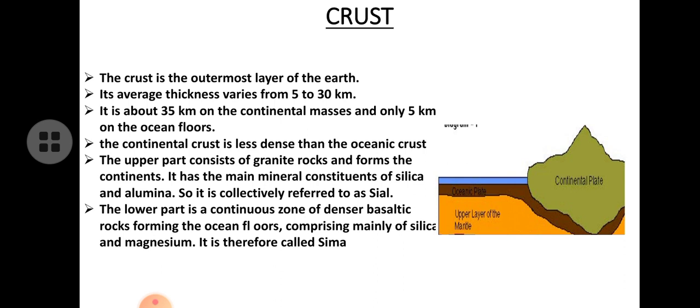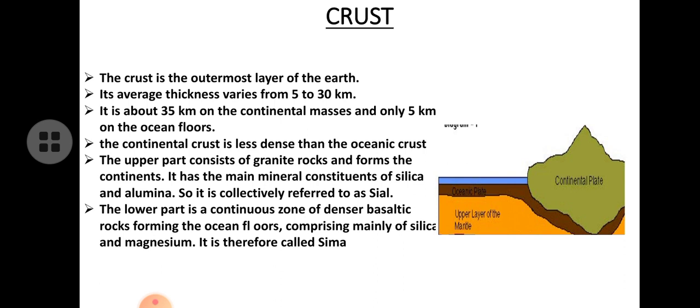So the minerals. The two important minerals from which the continental crust is made are silica and alumina. They have taken the first two letters of the minerals and referred to it as Sial, SIAL.